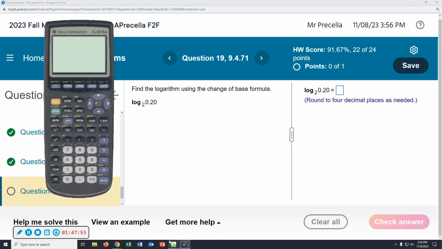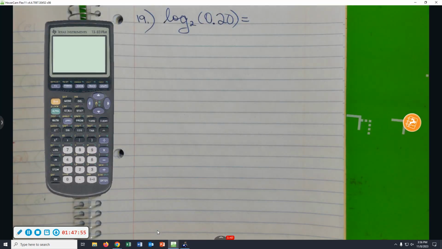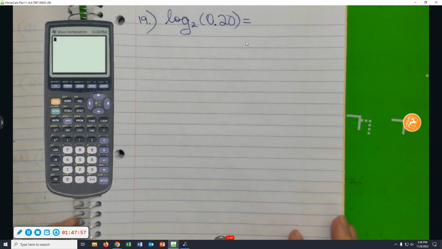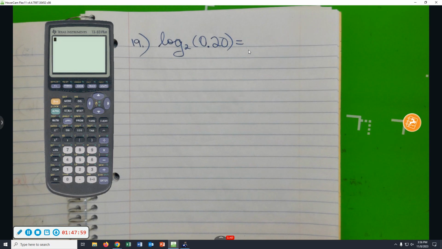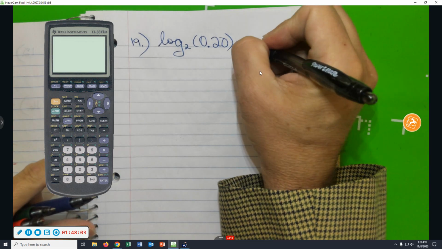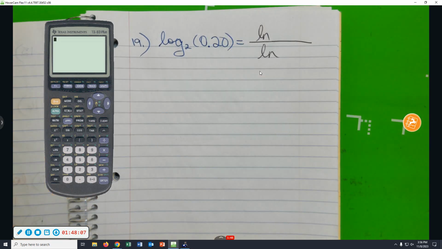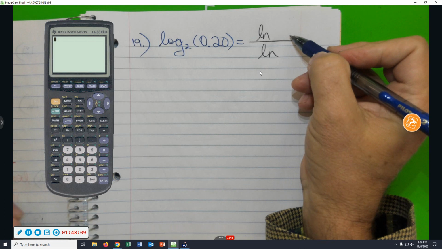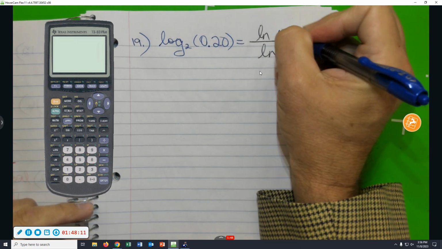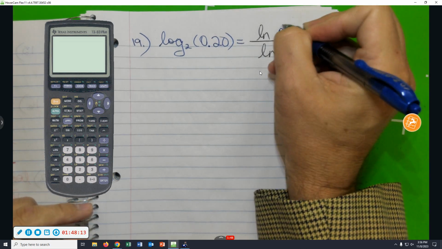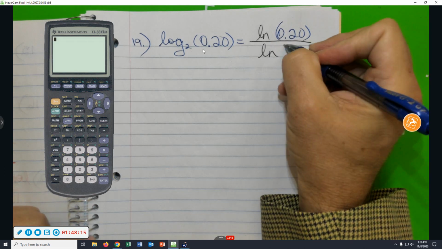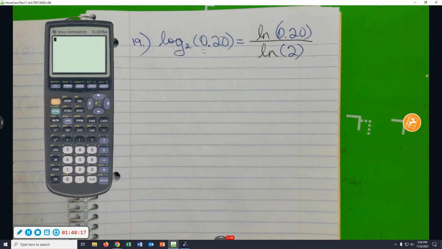So, log base 2 of 0.20. So you're going to write it as log over log, or ln over ln. I'll write a fraction bar. I have ln on top and ln on bottom. On top, the 0.2. On the bottom, then we have just the 2.